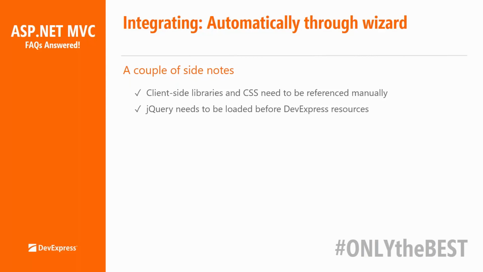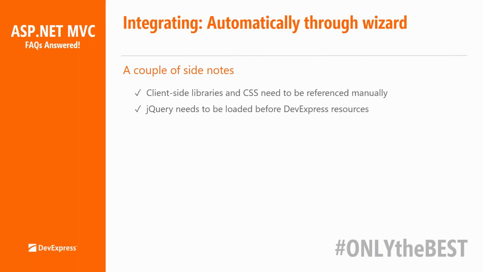And one important aspect is that jQuery needs to be loaded before the DevExpress resources. And that is because the DevExpress MVC extensions rely on jQuery. So if you are already using jQuery, a specific version for some reason, you might need to change the loading order so that your jQuery version is loaded first, and then the DevExpress resources are being loaded.